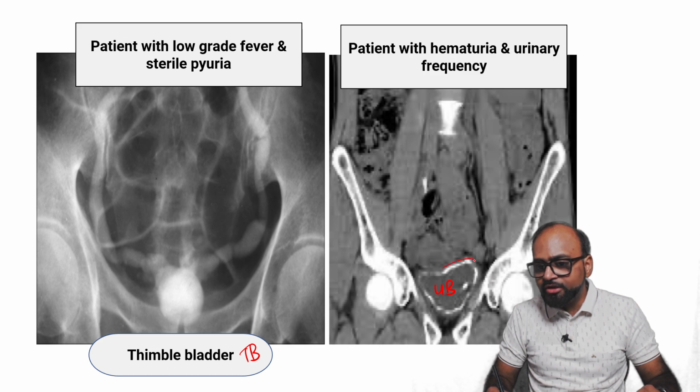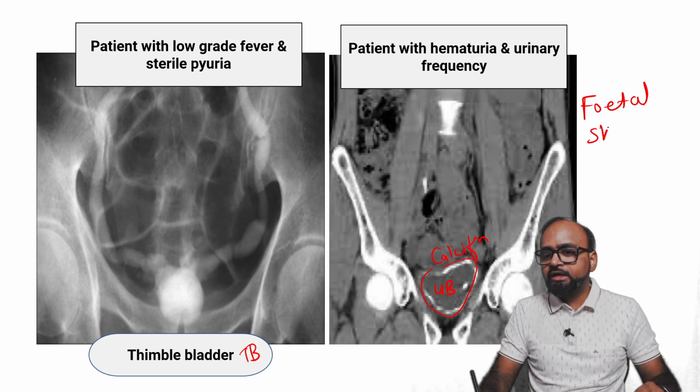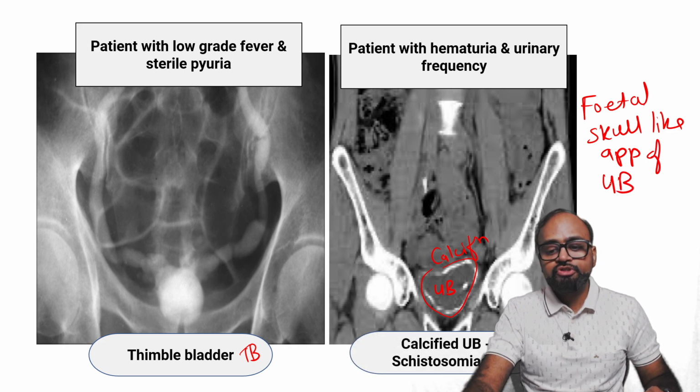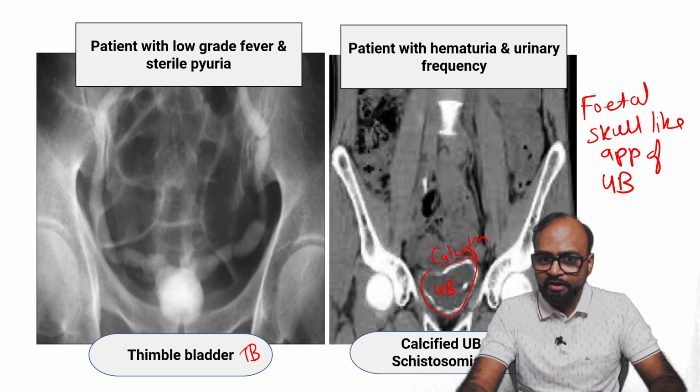This density that you see in the wall of the urinary bladder is nothing but calcification of the bladder. This appearance is called the fetal skull like appearance of the urinary bladder. This is a feature of schistosomiasis. So that is how the imaging findings are different.